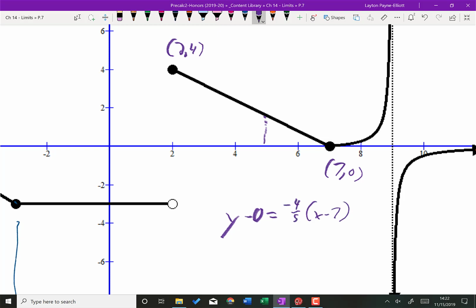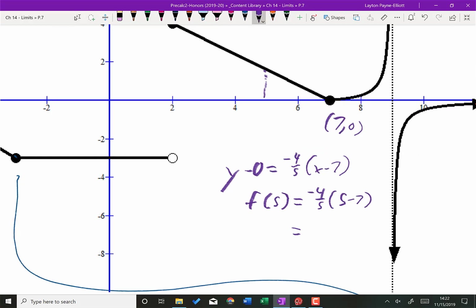And I'm going to plug in 5 for x to get y of 5. Probably should put f of 5 is equal to negative 4/5 times 5 minus 7, or 8/5. Do not guess on ordered pairs dead smack in the middle of two linear points that you could actually figure out. You could do this.